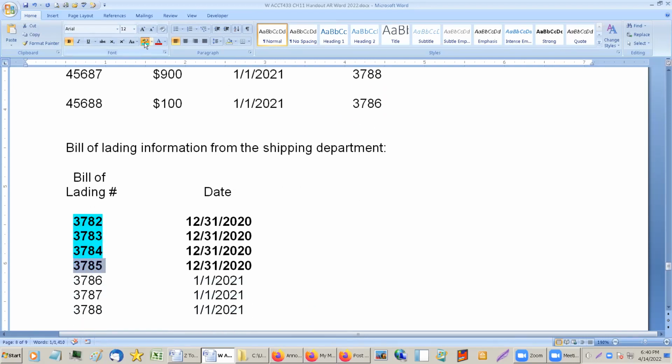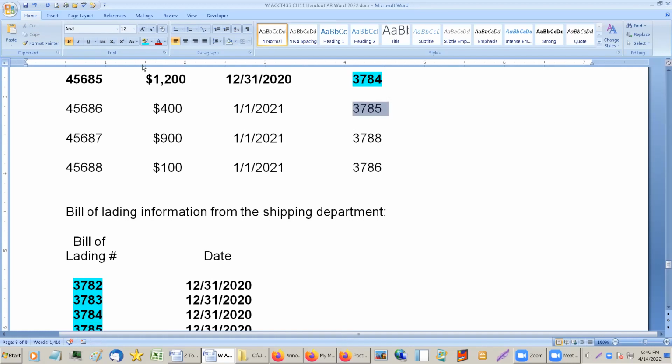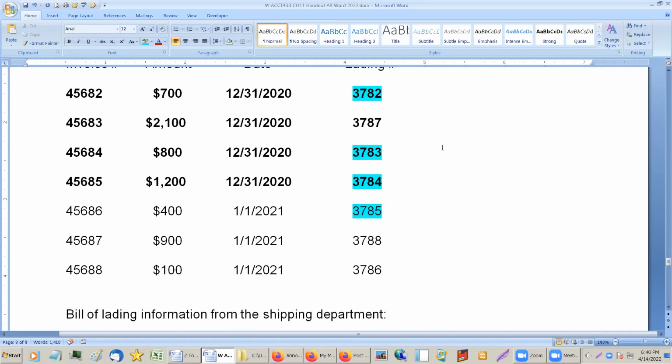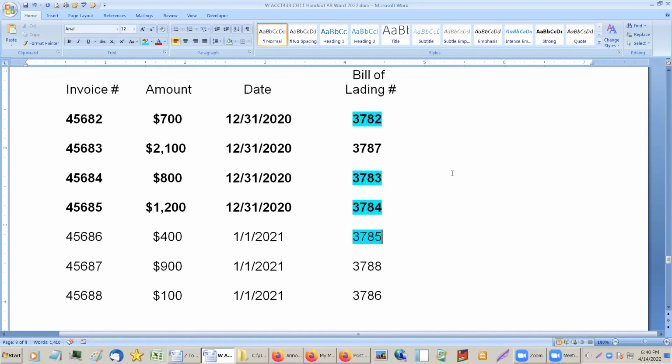And $37.85. Okay, so these are the bills of lading that we have as being shipped out.